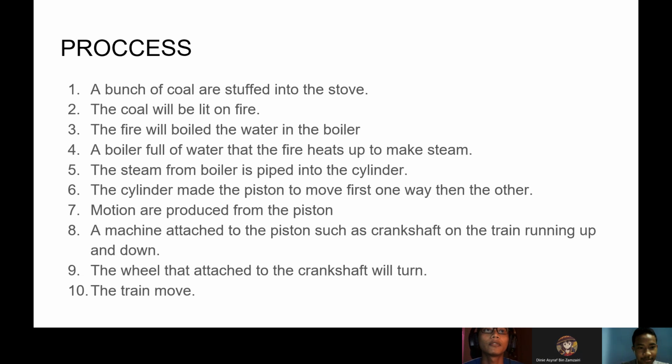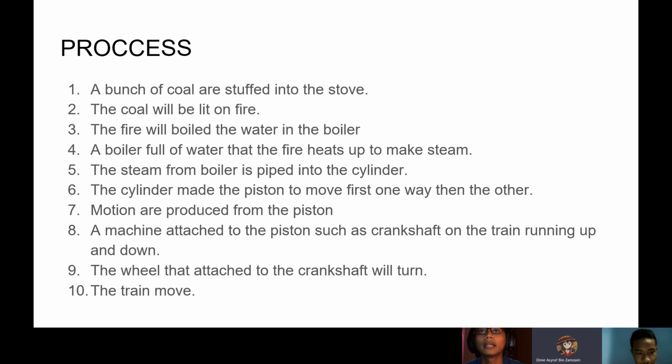Then the steam from the boiler is piped into the cylinder. So the cylinder makes the piston move first one way, then the other. The motion is created from the piston, which moves a machine attached to the piston, such as the crankshaft on the train, running up and down.